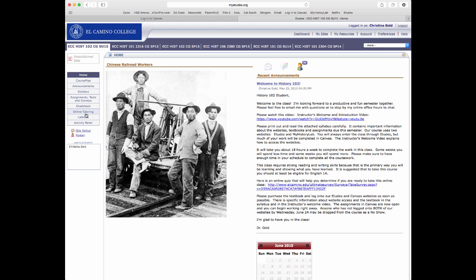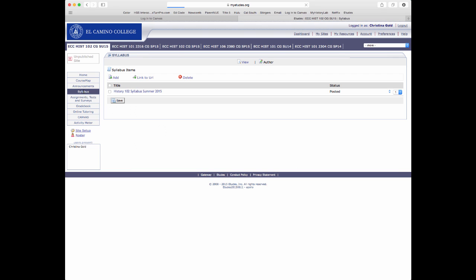You should always enter into our course through Etudes, because that is how the college ensures that you are enrolled in the class. It uses the password to authenticate you, so it's a more official way to come into the course.